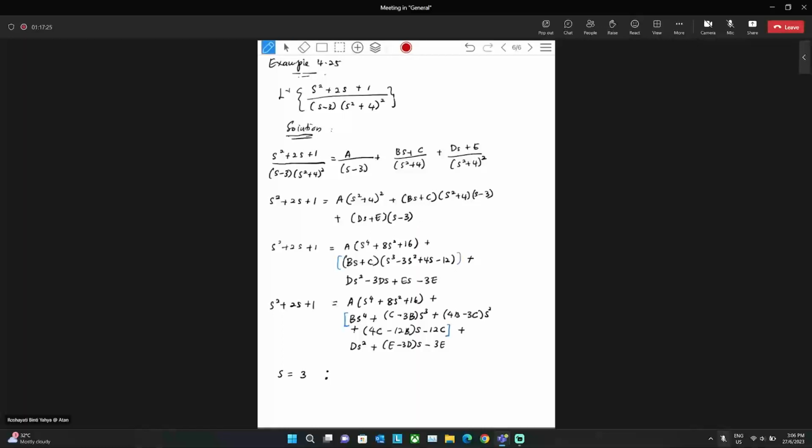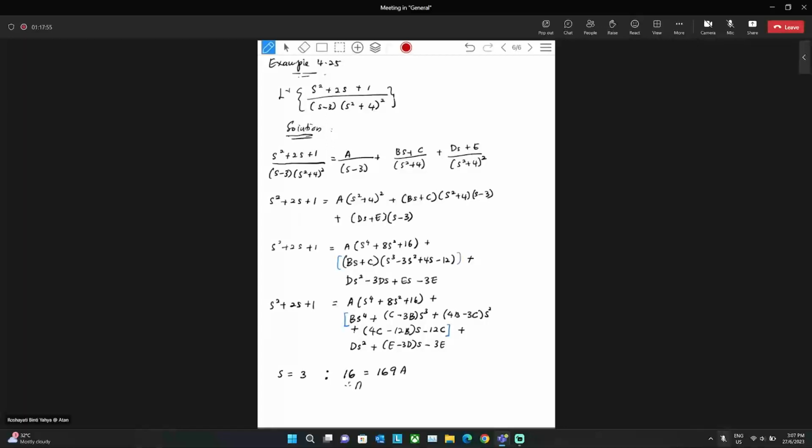So here is 3. If you have S equal to 3 on your left hand side, what will you get? 16. So after that you can just focus on A, equal to 169A.